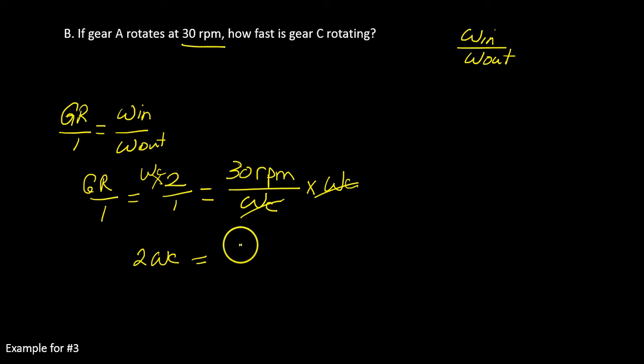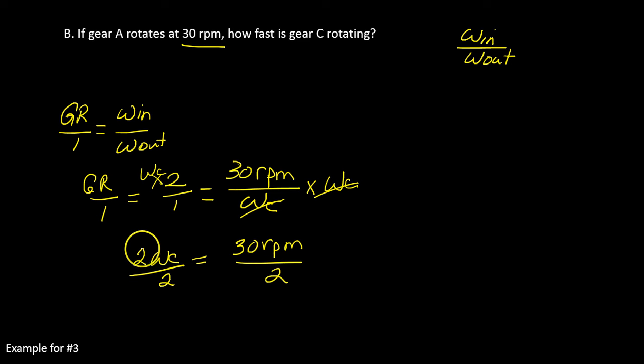So 30 RPMs, all right, is what we have left. Now we still have to get angular velocity at C by itself. So how do we do that? Well, we're multiplying here, so we're going to divide by 2 on both sides.